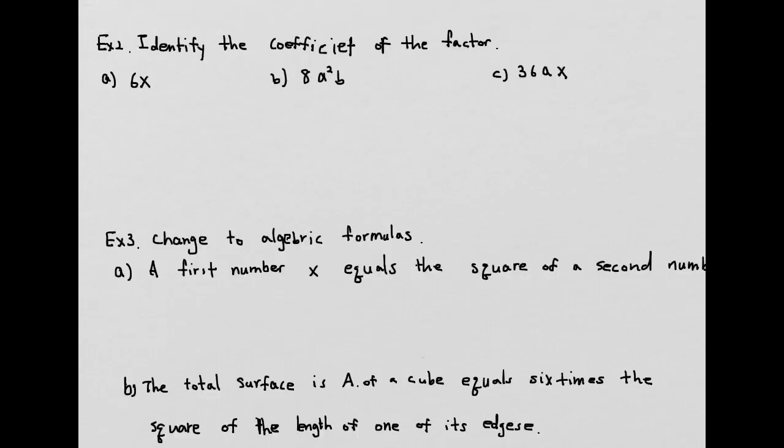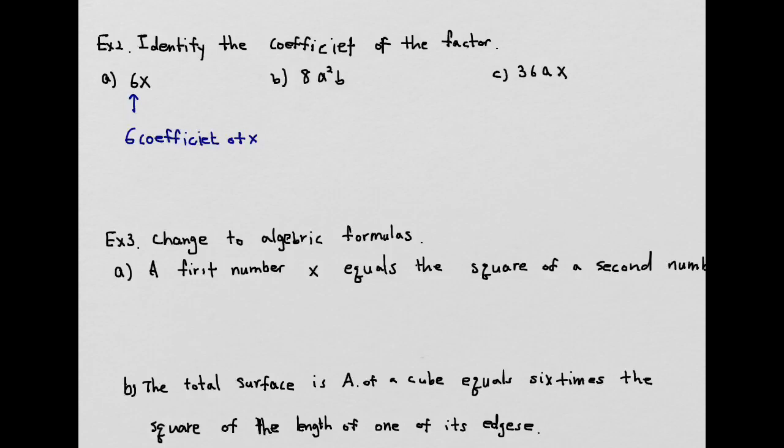The second example is asking you to find the coefficients. So example A, 6x, your coefficient is going to be the number in front of the variable. So here, the number in front of the variable is 6. So 6 becomes the coefficient.